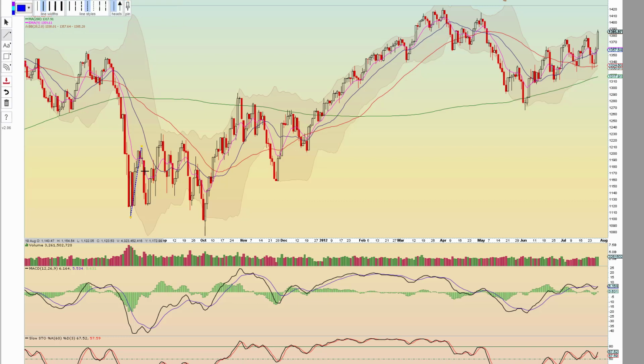First rally attempt here. You measure it, clone it. Notice this next rally attempt stalled exactly there. So if you went long on this pullback, you had a perfect price target to exit along.